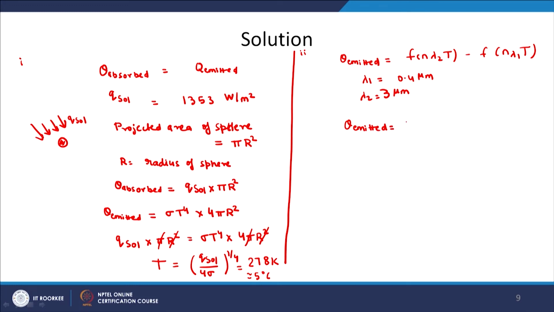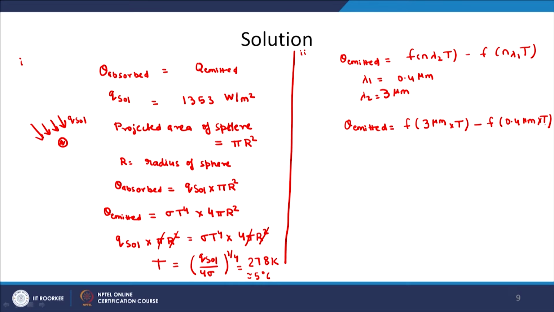Now, we are talking in terms of vacuum, so we can take refractive index n to be equal to 1. Now, lambda 2 is 3 micron, and we have to multiply by temperature, we do not know the temperature as yet, minus f 0.4 micrometer into temperature.